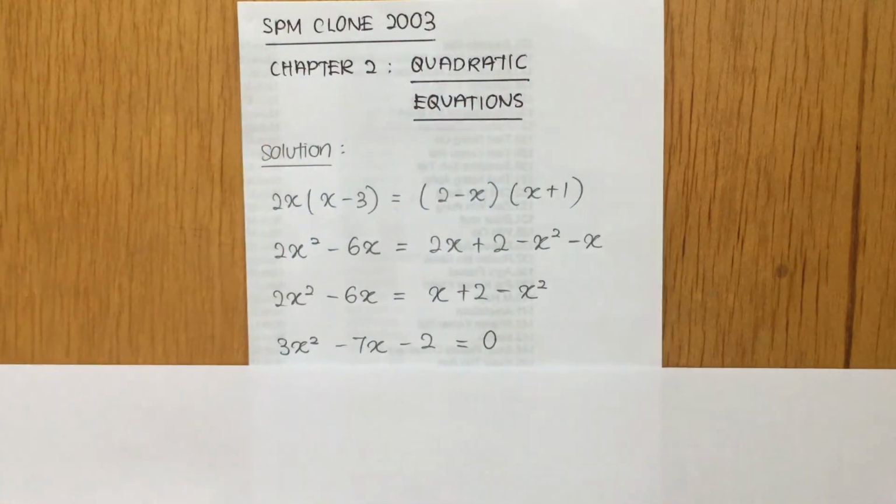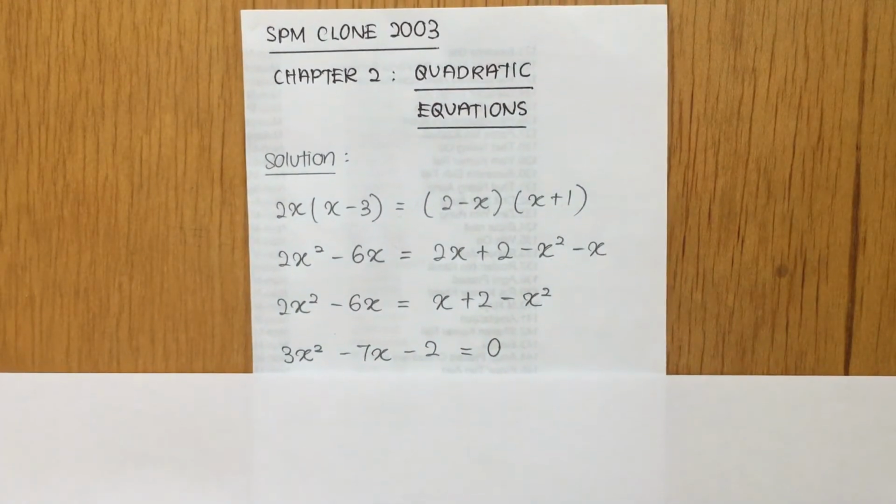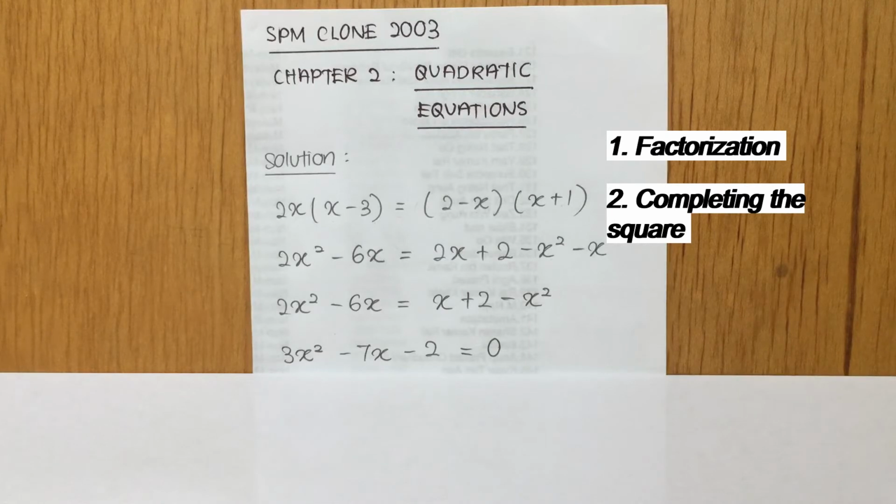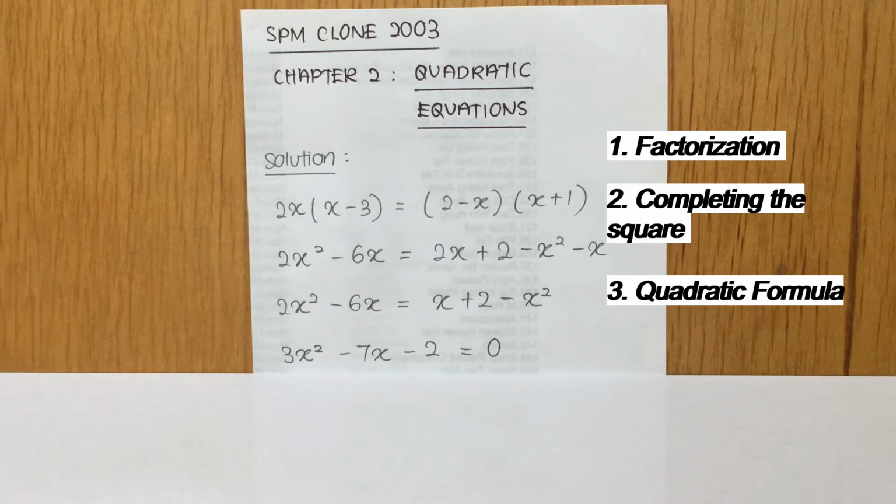Okay, before I move on to the next working, let me give you a quick recap regarding quadratic equations, guys. For quadratic equations, in general, you have 3 ways to solve it. Number 1 is the factorization method, number 2 is the completing the square method, and number 3 is using the quadratic formula. In case you forget it, I just want to remind you guys.